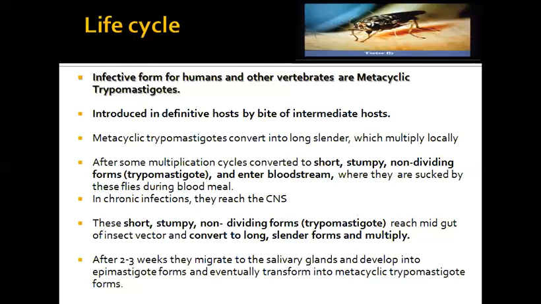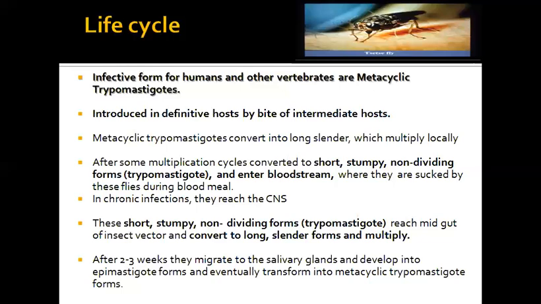These metacyclic trypomastigotes convert into long and slender forms which multiply locally. So when the tsetse fly bites the human, these metacyclic trypomastigotes are introduced in the humans and will locally multiply into long and slender forms.